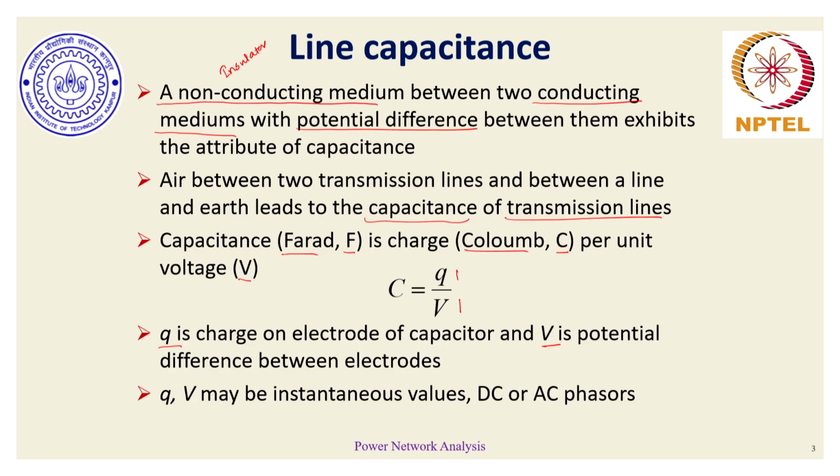As I mentioned, Q and V can be instantaneous values, they can be DC or AC phasors, depending on what type of material element is attributing this capacitance property.